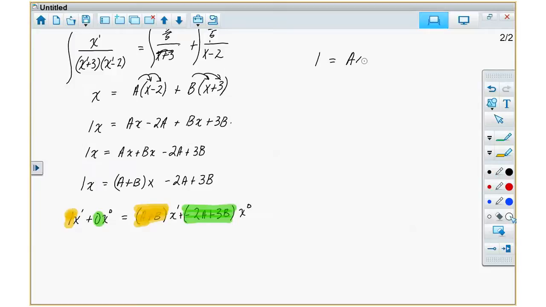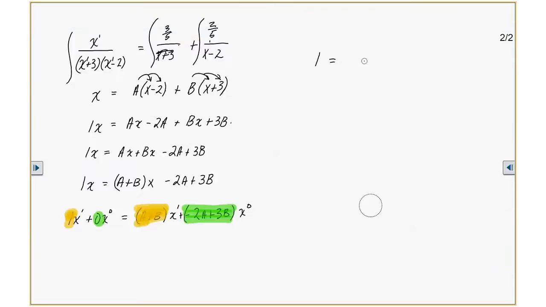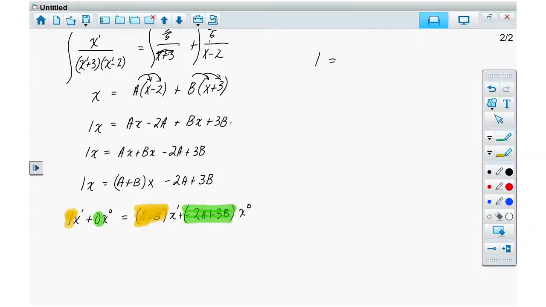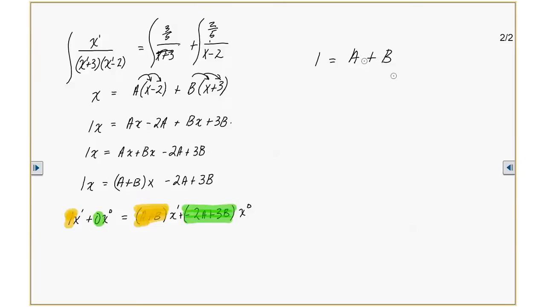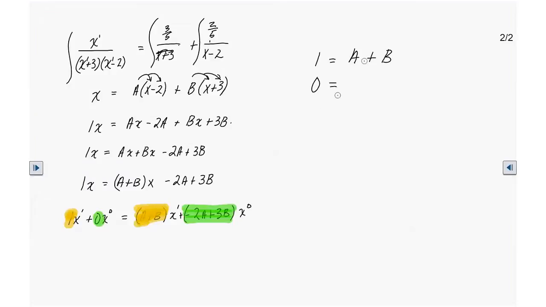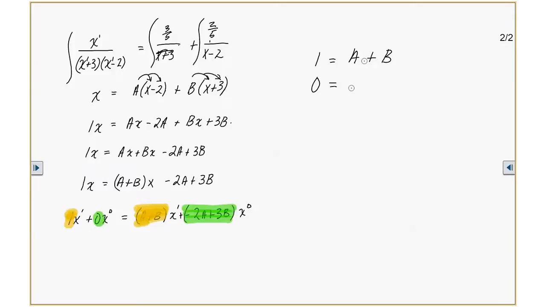I just had one of those moments. Or you call somebody and it rings 3 or 4 times and you forget who you're calling. You ever done that? You will. 0 is equal to negative 2A plus 3B.